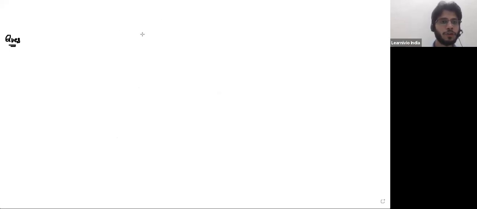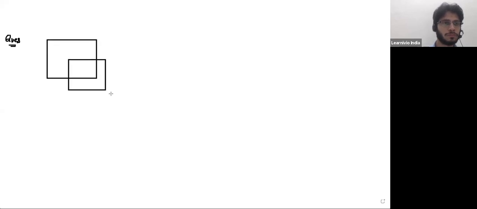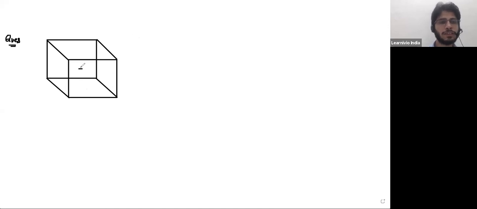It's like I give you a cube. This is a cube. This cube has 6 faces. I placed a charge at the center of the cube.